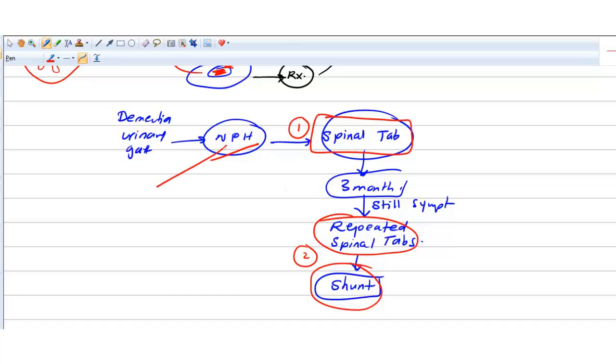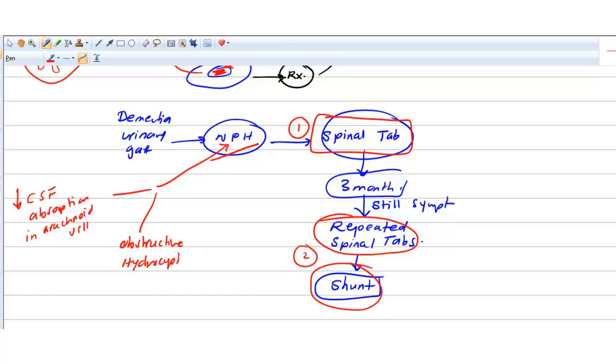Now another thing with NPH, there are two pathologies. Either a decrease in CSF absorption in the arachnoid villi, we don't know why, or obstructive hydrocephalus. Right, guys?